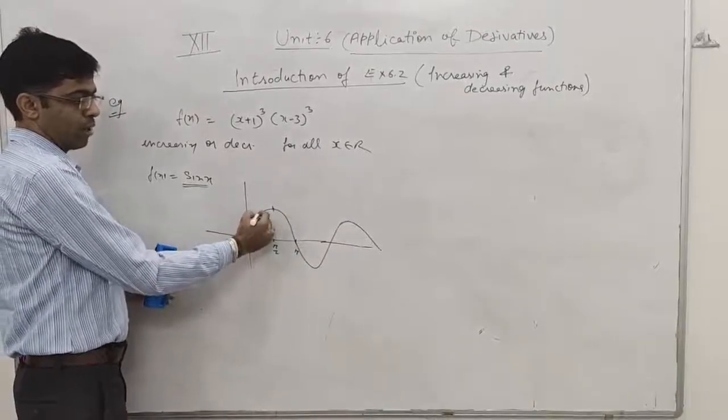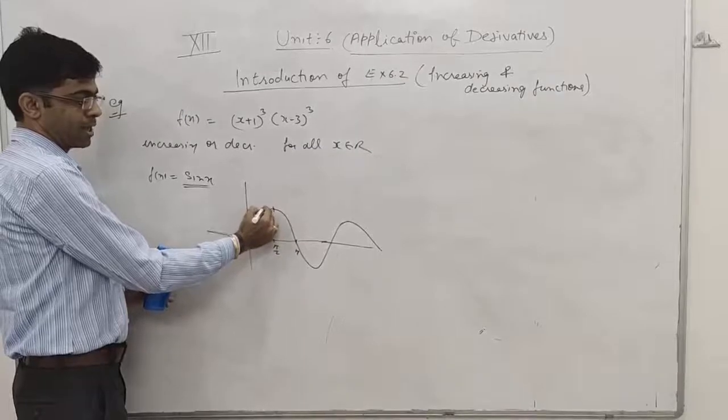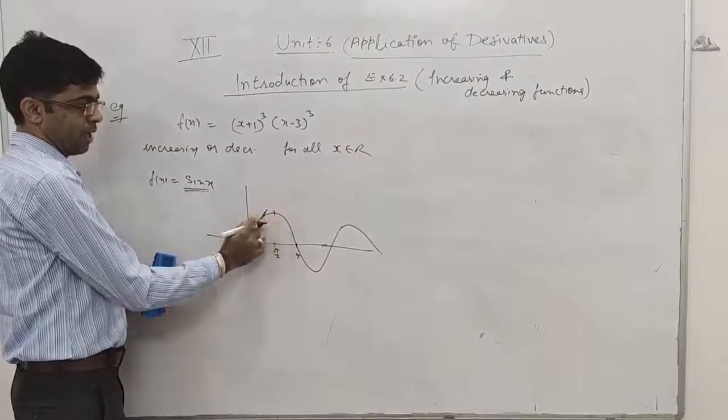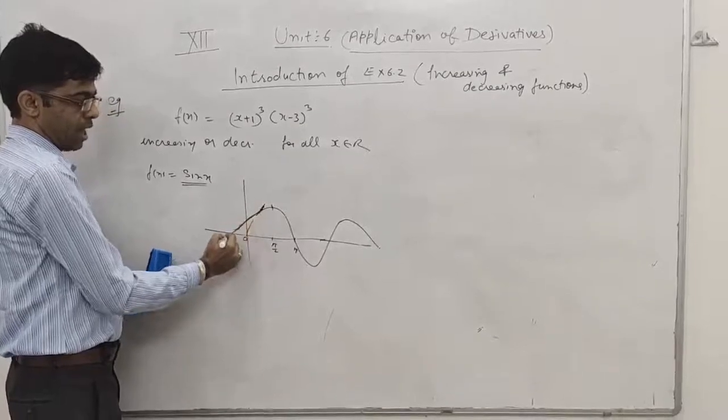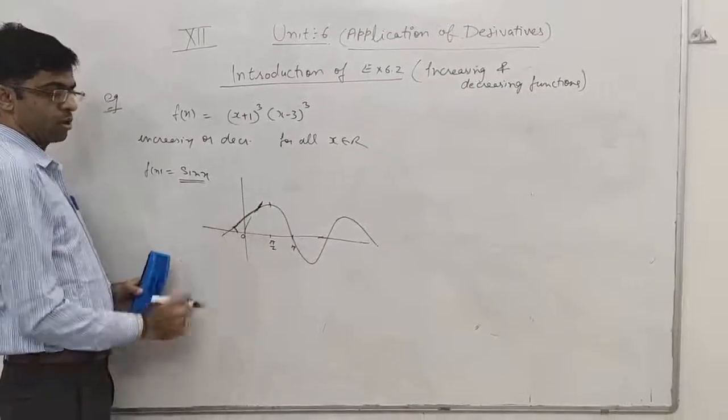On the interval 0 to pi by 2, if I make a tangent at this point, the angle will be acute.